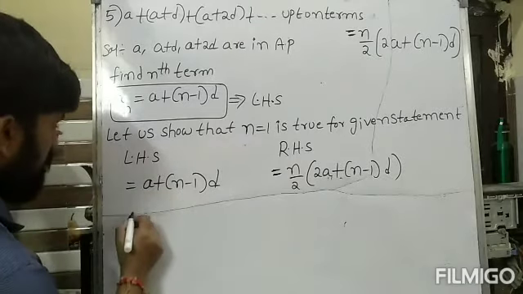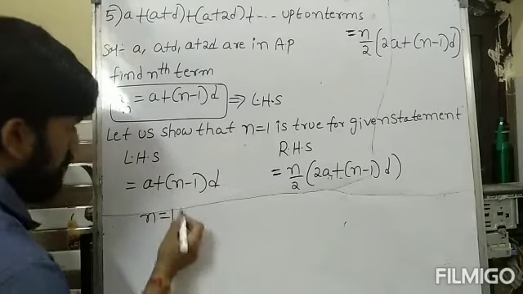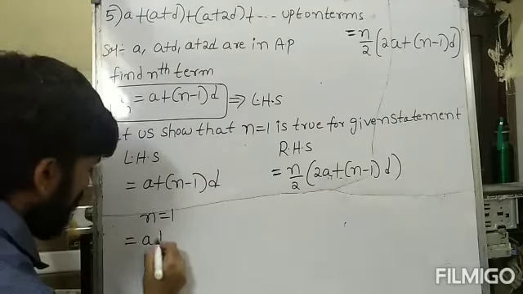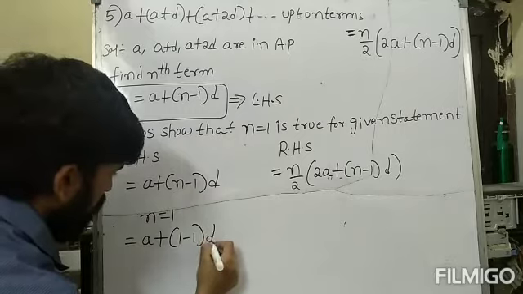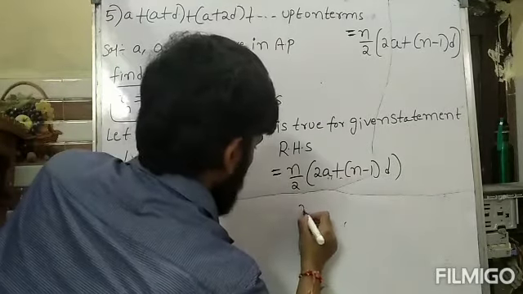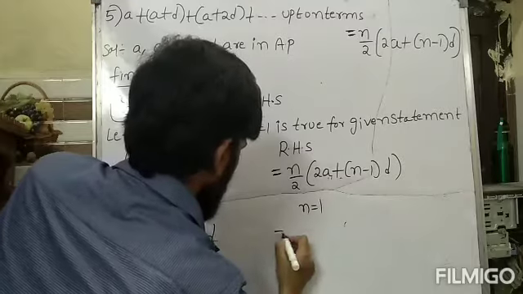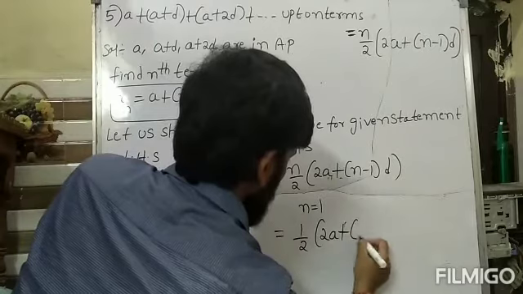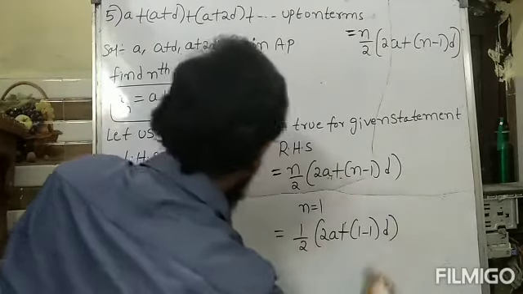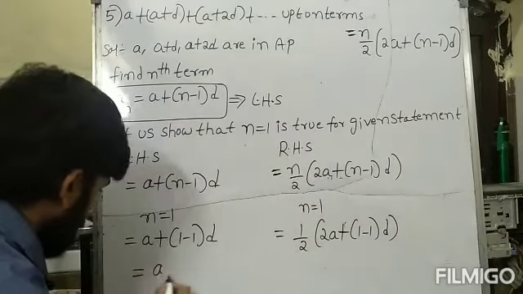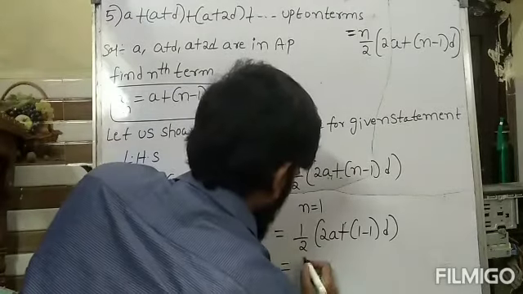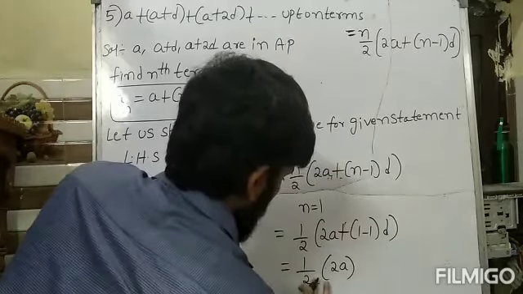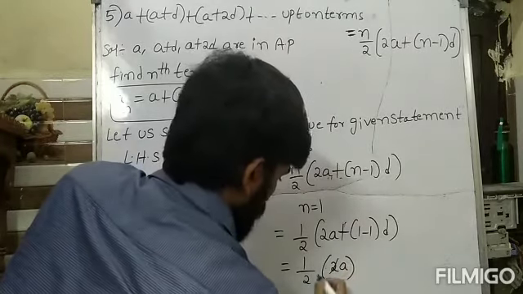Now in the place of n, substitute 1. N equals 1, substitute in the LHS and RHS parts. Then a plus 1 minus 1 into d. Here also substitute n equals 1, that is 1 by 2 into 2a plus 1 minus 1 into d. Therefore it is a. Here, 1 minus 1 is 0, then the 2 gets cancelled.